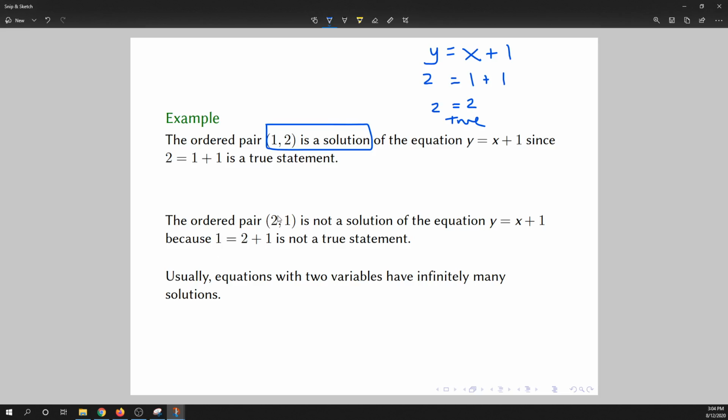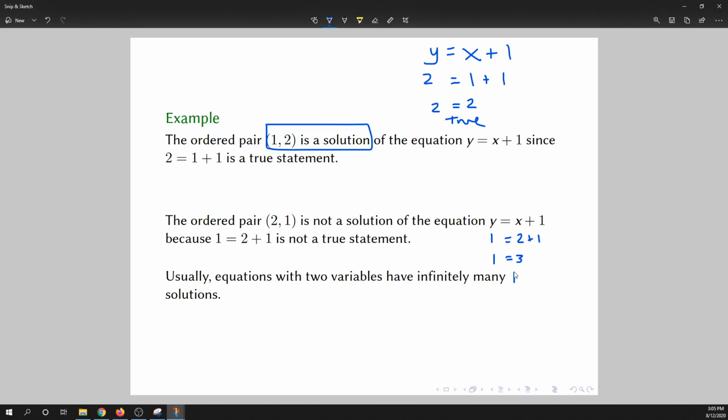On the other hand, if I ask whether the ordered pair (2, 1) is a solution of this equation, we plug the 2 in for x. Everywhere there's an x, we plug in a 2, and everywhere there's a y, we plug in a 1. Then we have just numbers on both sides, and we can tell whether it's true or false. In this case, it says 1 is equal to 3, which is false.